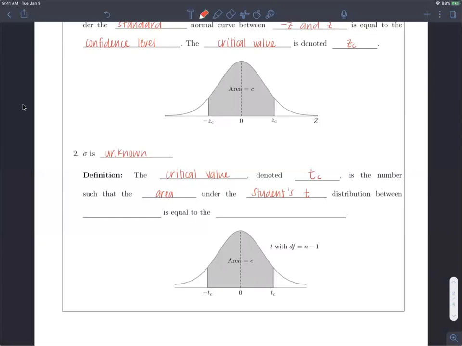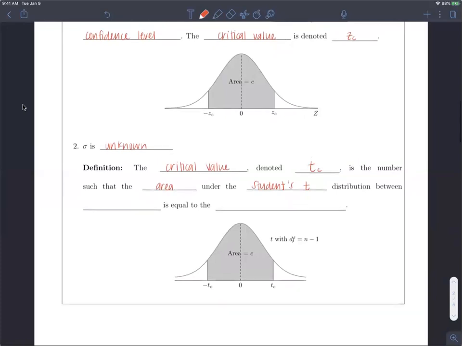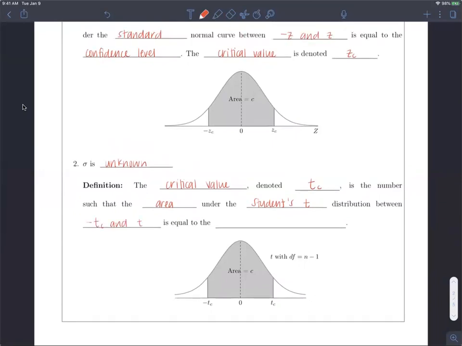Where this guy was working at a brewery and he was trying to get ahead in the competition, and so he developed this new distribution and called it the student's t distribution. But again, it's the same thing, right? So between negative t sub c and positive t sub c is the area, which is also the confidence level, which is going to be given by the letter C.